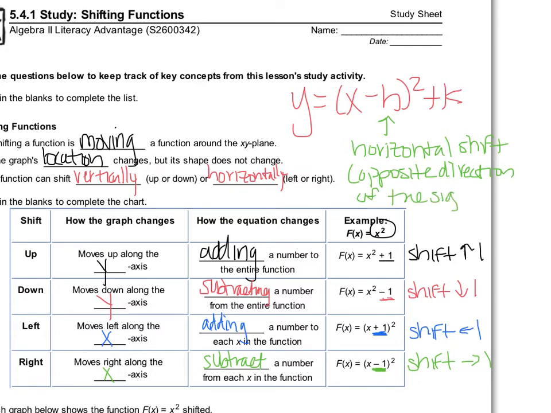So if it's a minus sign, I'm moving it to the right. If it's a plus sign, I'm moving it to the left. The k on the end represents our vertical shift. And it makes sense. If I have plus 7, that means I shifted it up 7. If I have minus 4, that means I shifted it down 4. That's what these two numbers mean.